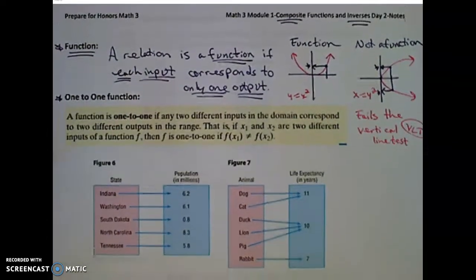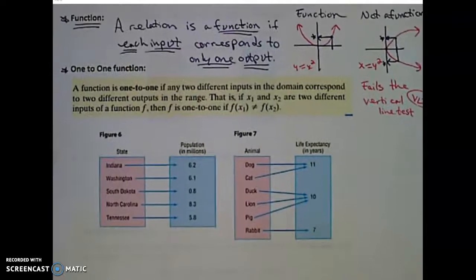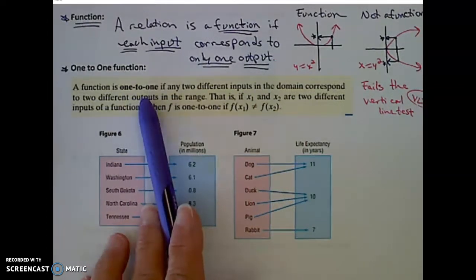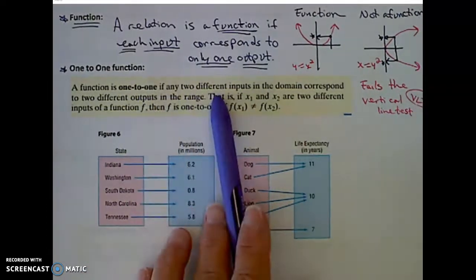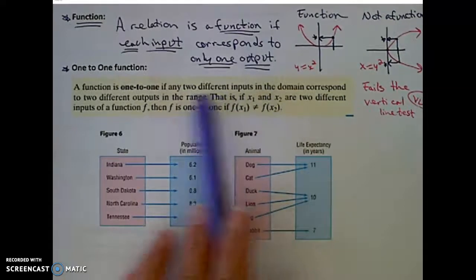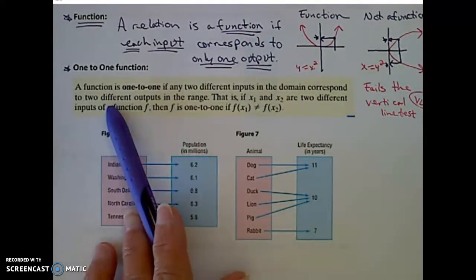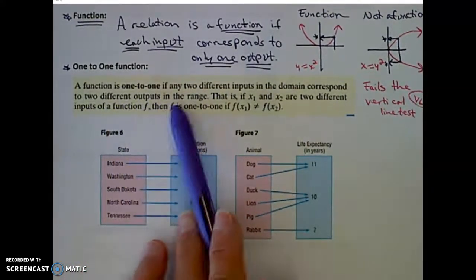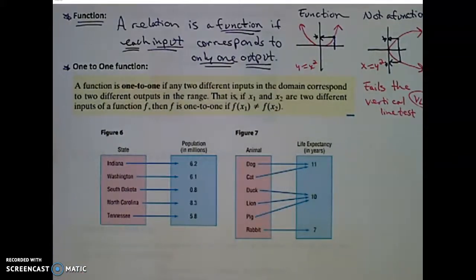Okay, we did talk briefly first semester about one-to-one functions, but maybe we need to reinforce that. Basically, when a function will have an inverse. A function is a one-to-one function if any two different inputs in the domain correspond to two different outputs in the range.